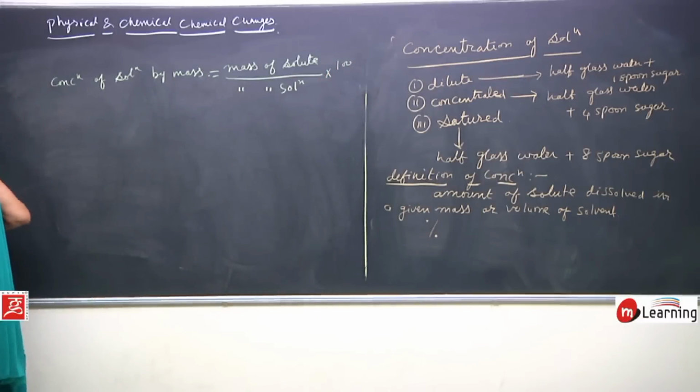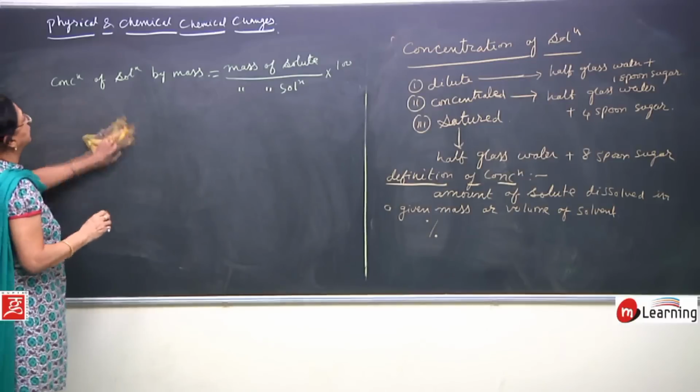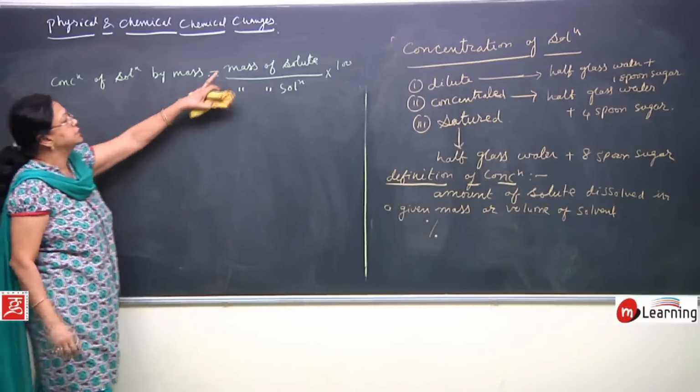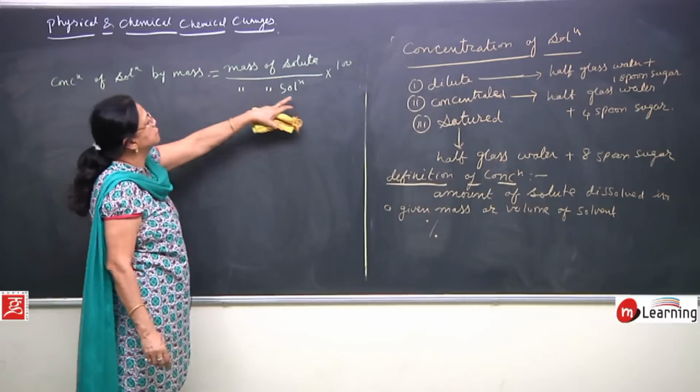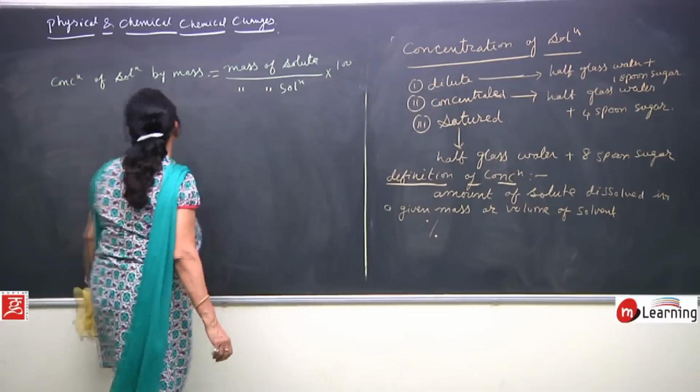Concentration of solution, in terms of mass, is given by mass of solute upon mass of solution into 100.